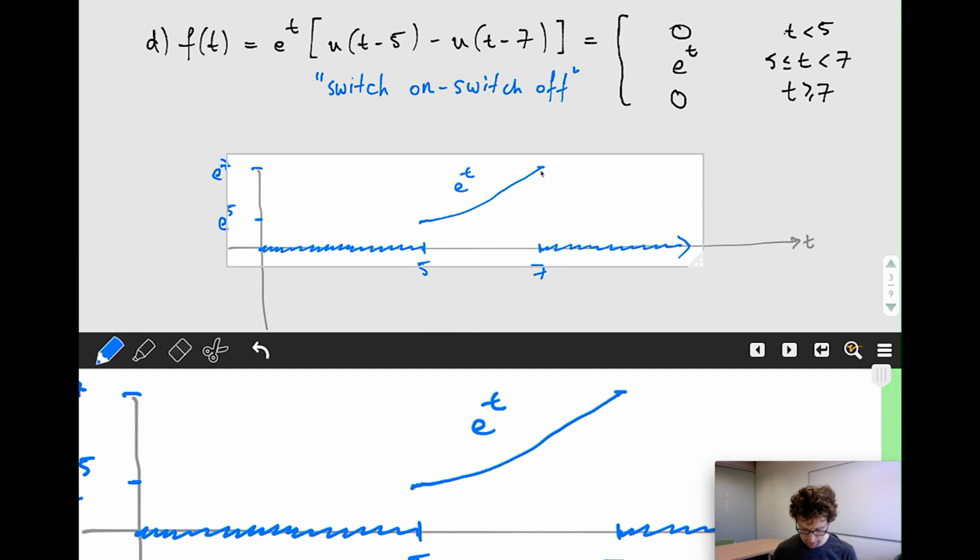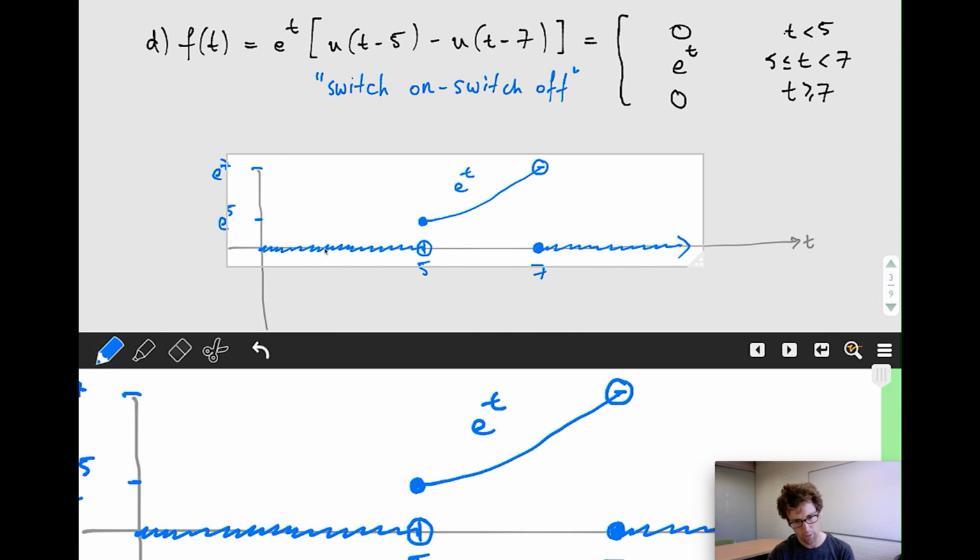Now we need to figure out what's happening at the discontinuities, and that's going to be given to us by these definitions here. So we're not including this point. We are including this point, we're including this point, and we're not including this point. And you can see that from the definition of the Heaviside function, we tend to include the point for functions coming in from the right-hand side, but we don't include the point for functions coming in from the left-hand side.